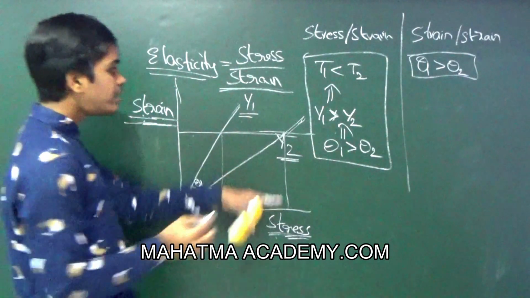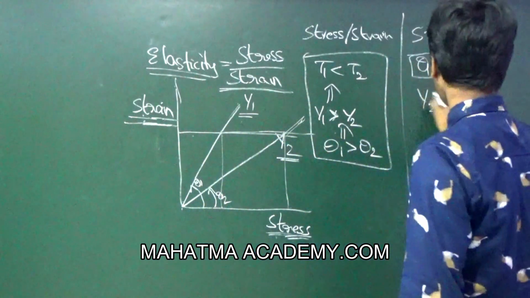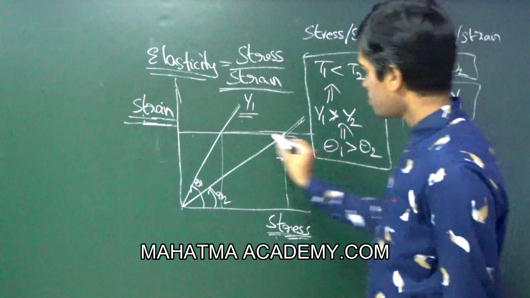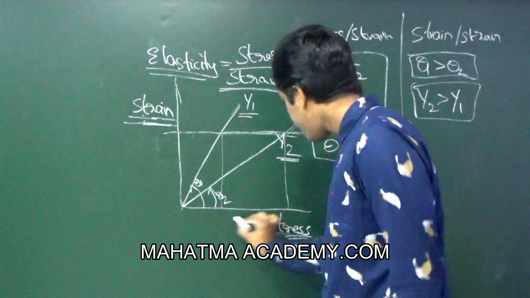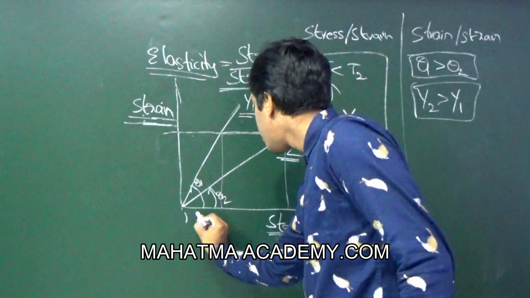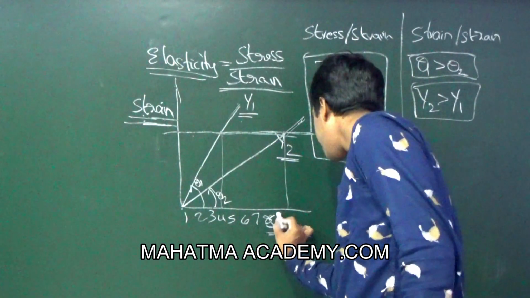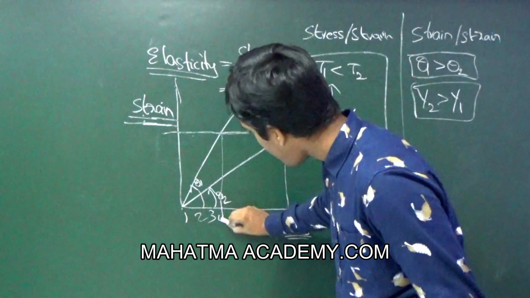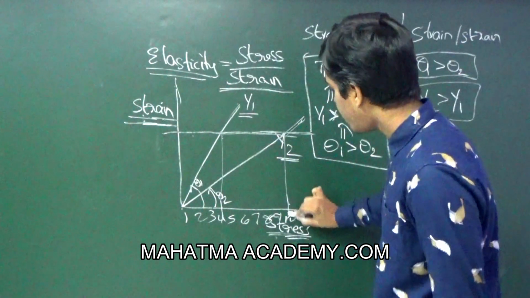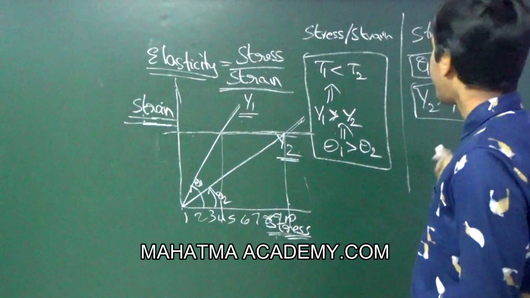So y2 is greater than y1. By keeping the strain constant, and here it is 1, 2, 3, 4, 5, 6, 7, 8, 9, 10. So y1 has 4 value in stress and y2 has 10 value in stress. So y2 is greater than y1.